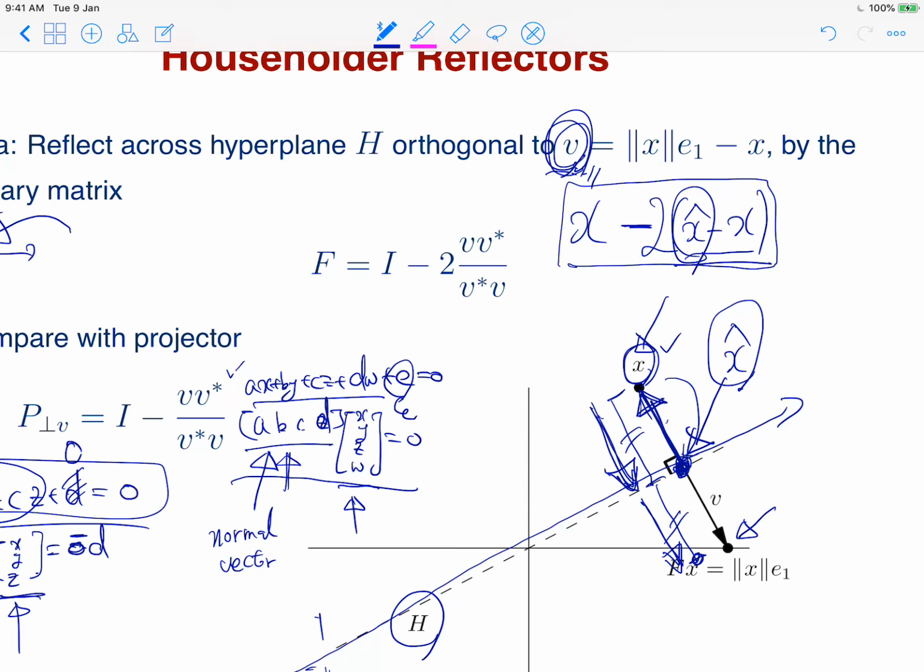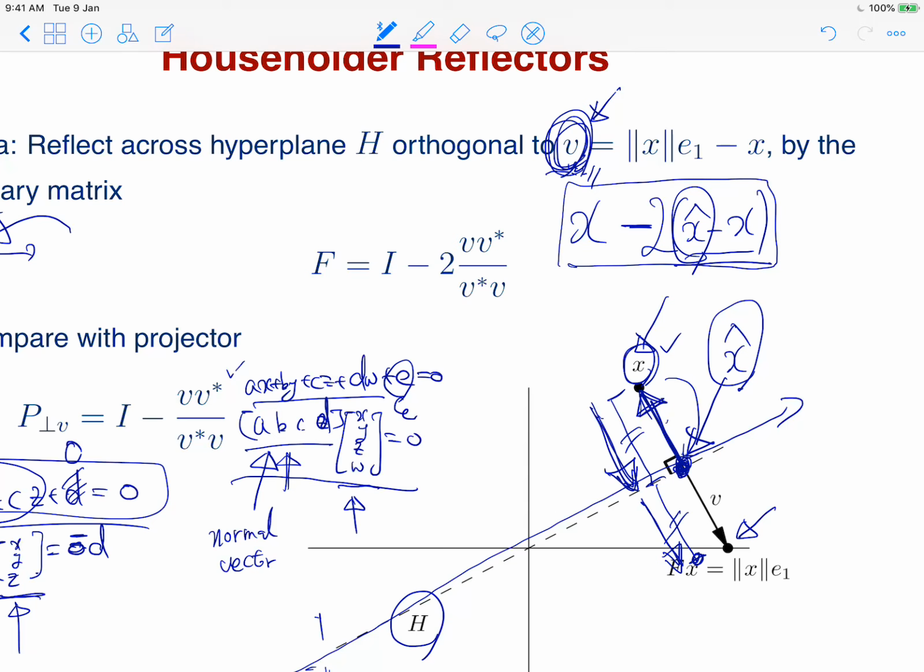And this v vector, from the perspective of a projector, works as our complementary projector, right? Because that corresponds to the direction of shedding light.